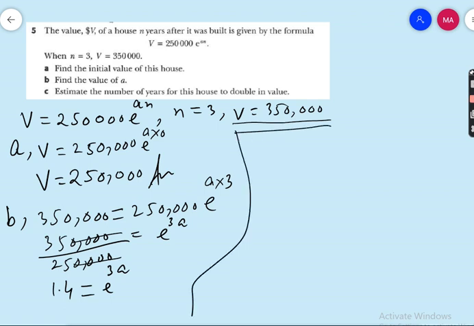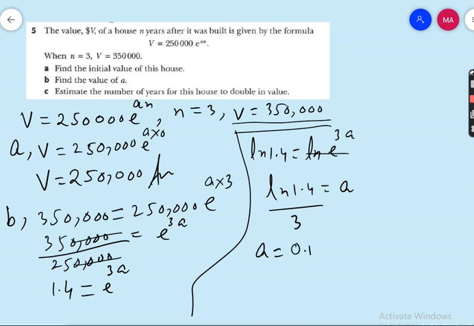Now taking ln on both sides, ln 1.4 equals ln e power 3a. So ln 1.4, ln and e cancel, and 3 is divided over here, then a is ln 1.4 divided by 3, the answer is 0.112.